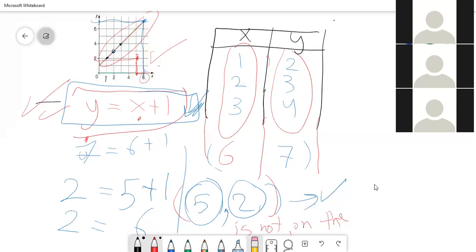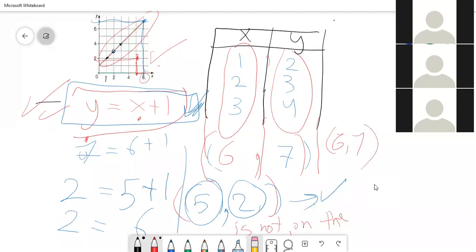Then we wanted to make sure whether some points are on the line or not. For example, we took this point 6 and 7. We plugged these points into the function, and it satisfied the function. So we said the point 6, 7 is on the line.